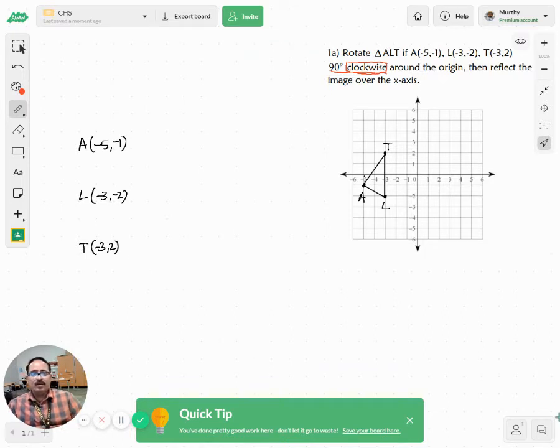So 90 degrees clockwise is the same as 270 degrees counterclockwise. So instead of taking the 90 degrees clockwise rule, I take the 270 degrees counterclockwise rule.